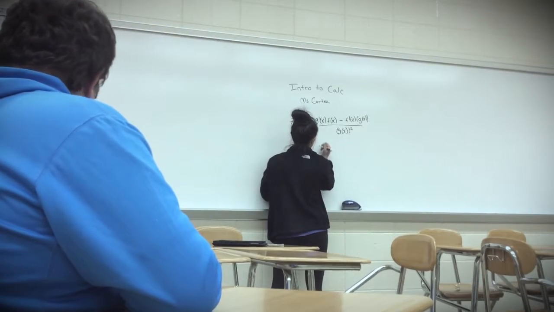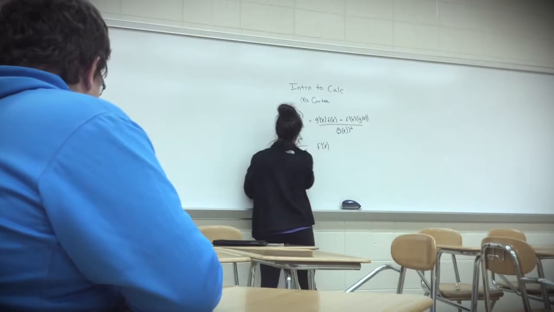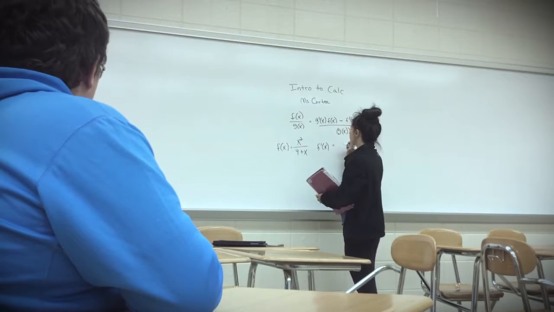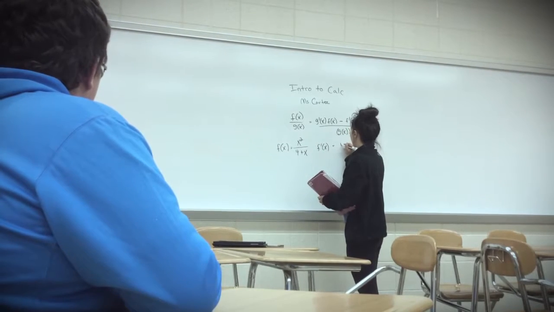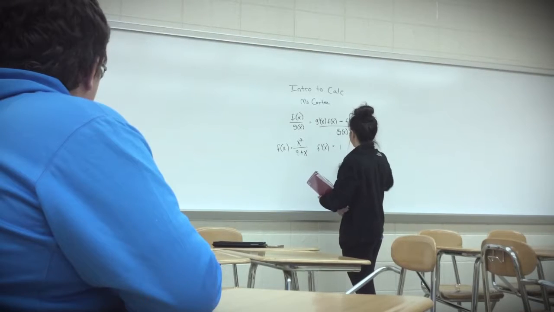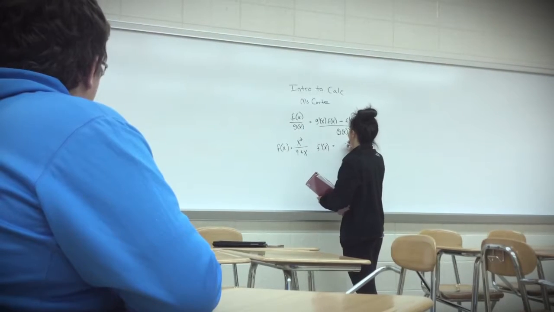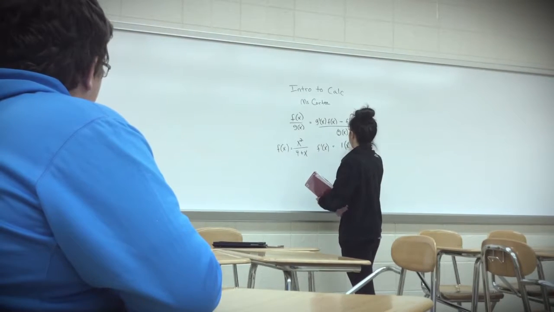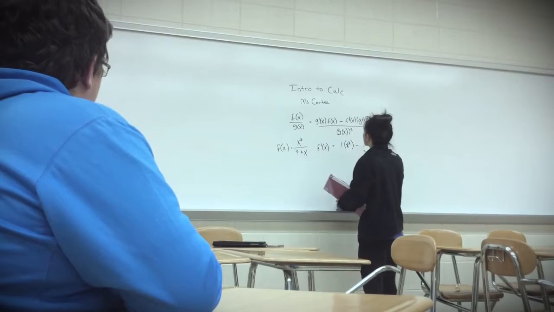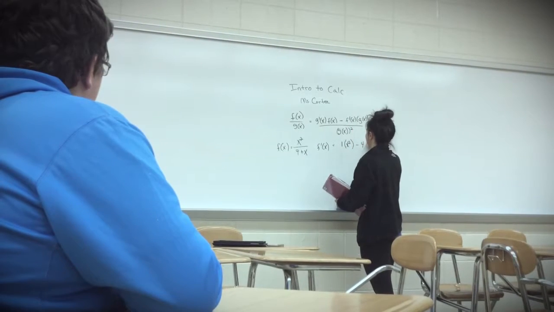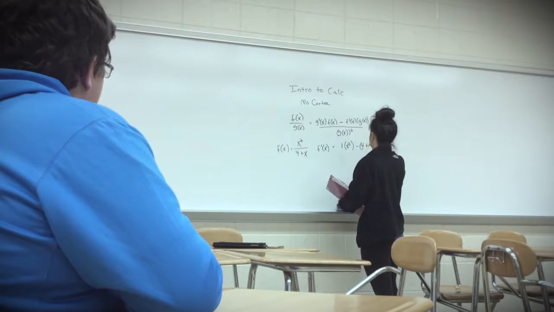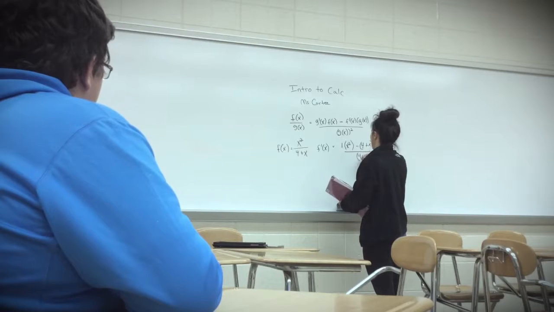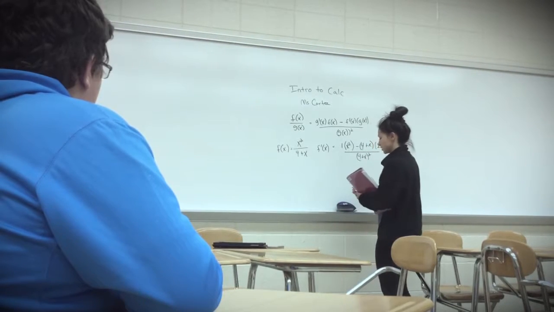So the derivative of this is f prime of x equals, this is 1 times the top, so it'd be x squared minus the bottom, and the derivative of the top, which is 2x, all over the bottom squared. And then you can just leave it as that. You don't need to simplify.